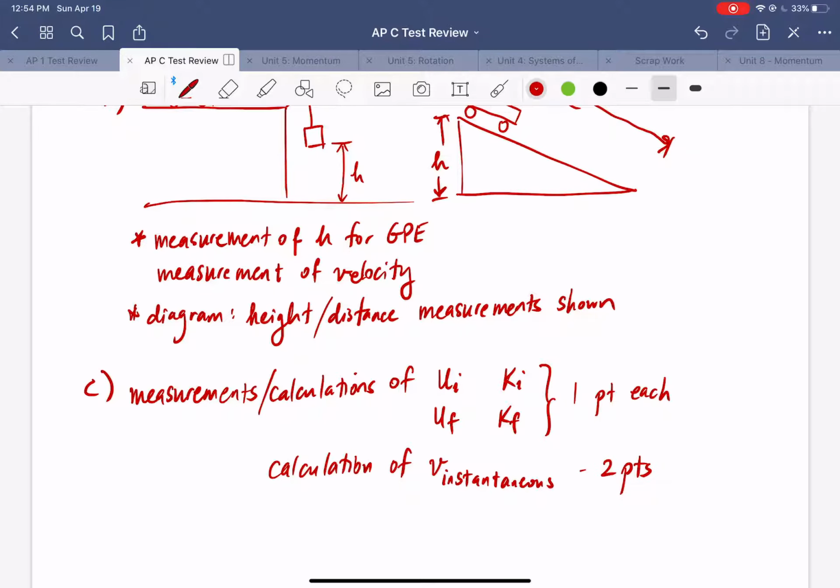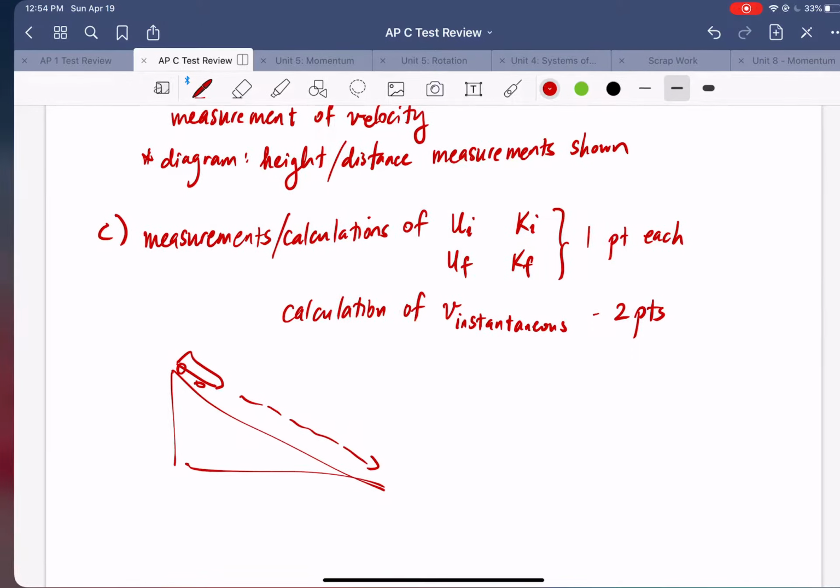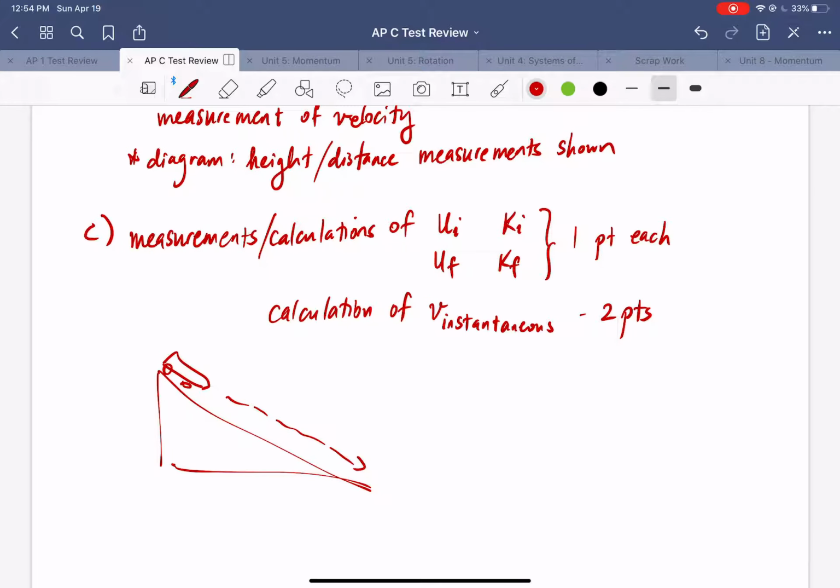So some examples of how you might describe this. If you are using the cart on the ramp experiment, forgive the very shoddy drawing here. When the cart reaches the bottom of the ramp, it's going to have some instantaneous velocity. So how do we get that?